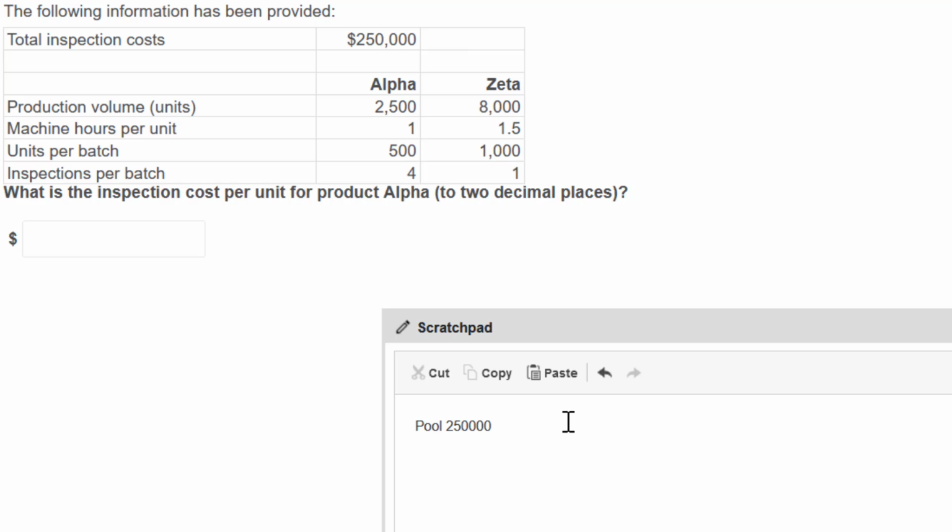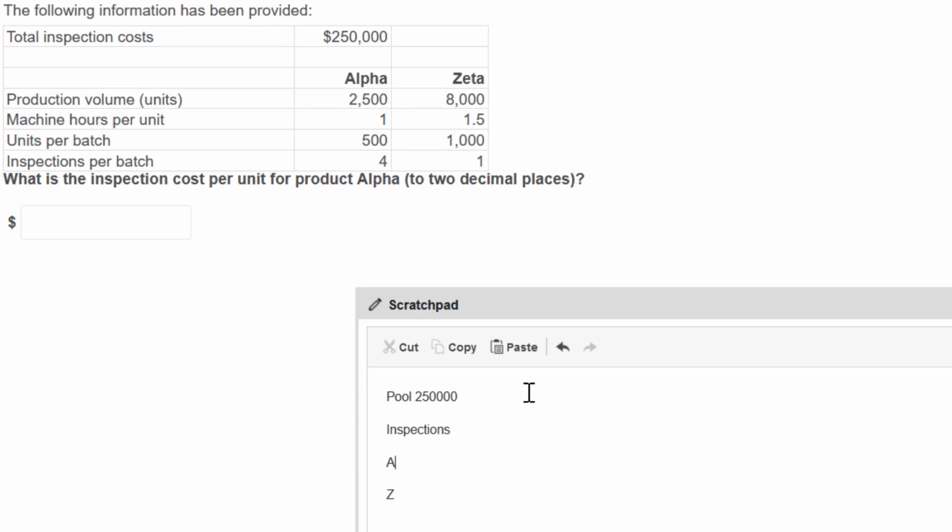Now, let's get the total number of inspections. And we have alphas and we have zetas. And can we get the total number of batches for the alpha? Sure we can. We produce 2,500 in a batch size of 500, so that's going to be 5 batches.